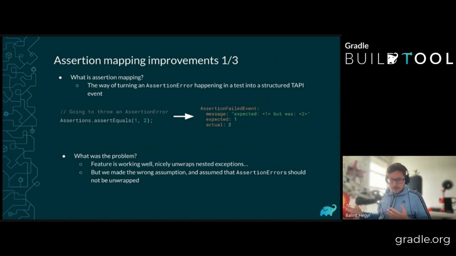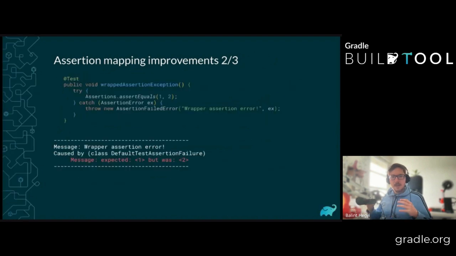In 8.4, we made a great improvement. We now handle a large variety of exceptions, but we made an error in the assumption that when we receive an assertion error, then our job is done, and we wouldn't need to do anything else. So in the next slide, we have an example of this, where you have an assertion and you wrap it.